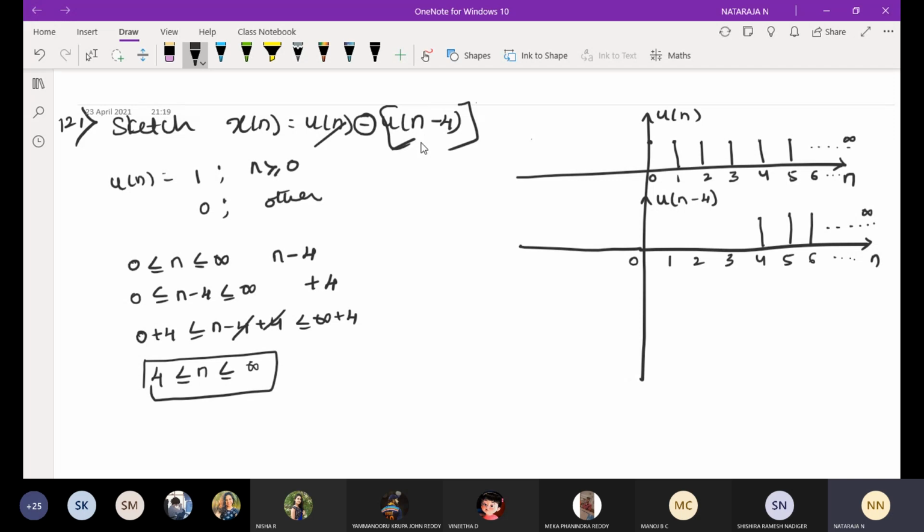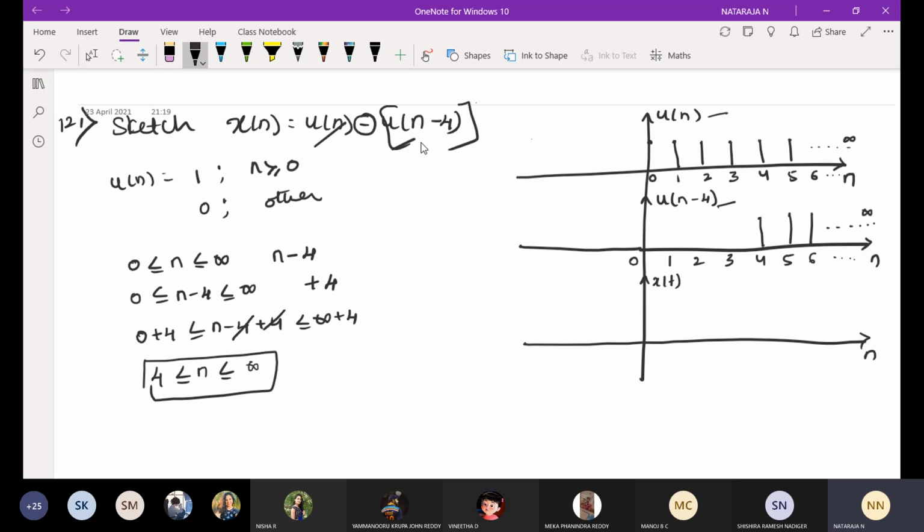Now, what is your answer? What is your question? We want x of n. What is x of n? u of n minus u of n minus 4. This is your u of n. This is your u of n minus 4. Subtract.